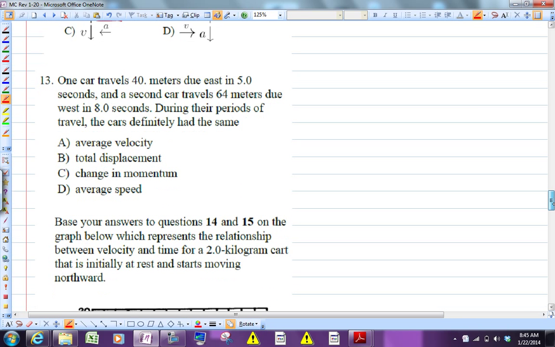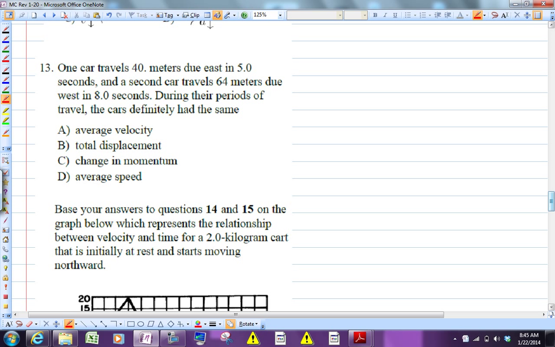Okay, 13 is a question that highlights the difference between velocity and speed. Velocity is truly displacement over time. Displacement has a direction. So when you're figuring out the displacement for the first car, it's going to be 40 meters east.